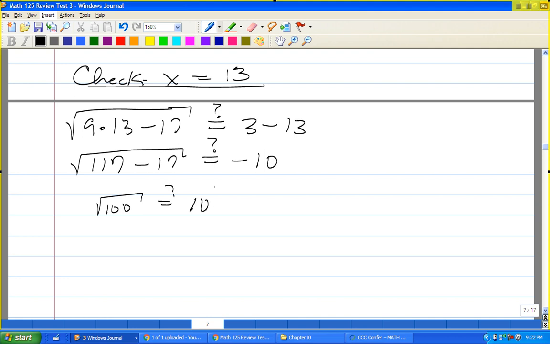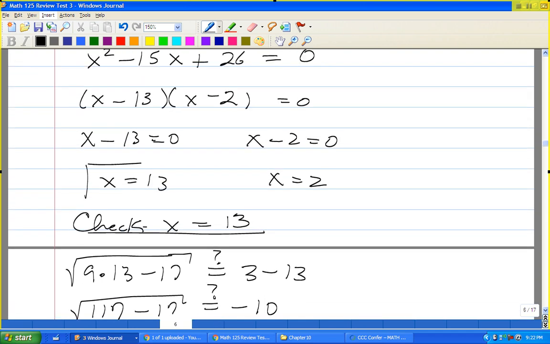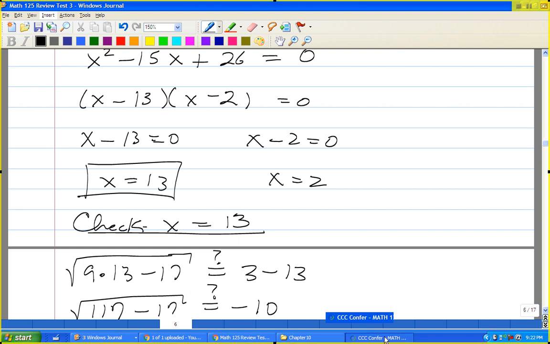And so the square root of 100 is indeed 10. Okay. Next, so this is a solution. Next, I've got to check x equaling 2.